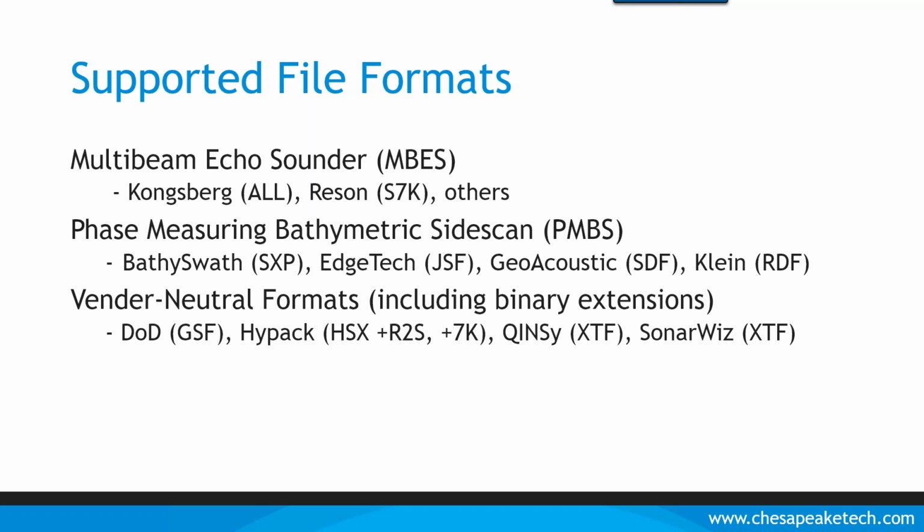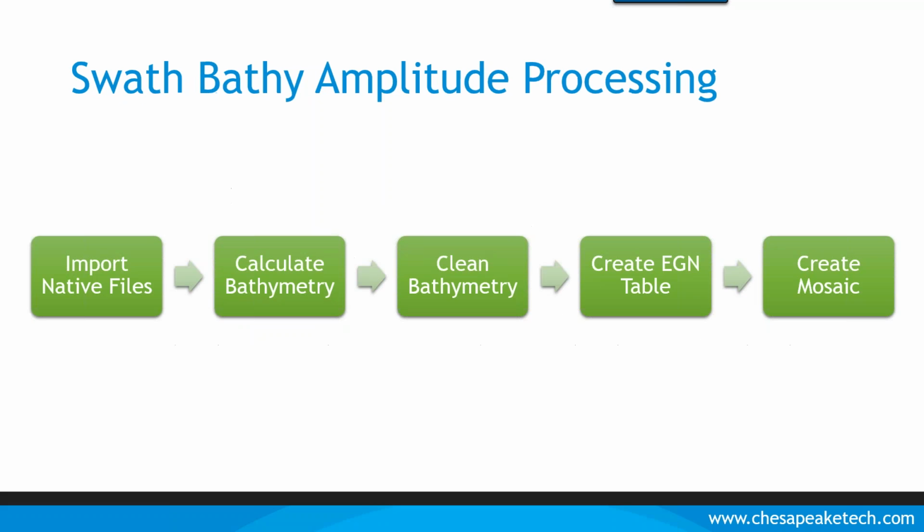Often, for example, the HSX files have been downsampled or they've been processed in a way that we don't fully control. And so we can't produce the best quality backscatter from second and third party files. So what we try to do is go to the vendors and get the direct native file formats. And usually it's pretty easy to add these to SonarWiz. We have a lot of experience with that.